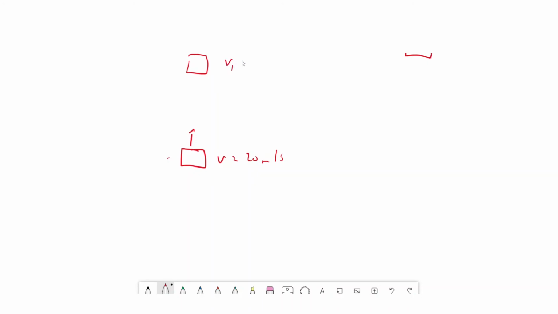The speed here, let's call it V1, is now 5 meters per second. So it's slowing down. All right. So there is acceleration. So even though the object is going up like this, the acceleration, of course, in this case is going to be going down. All right. The acceleration is going to be going down, but there is acceleration. But AX is 0 because it's not moving in the X, only in the Y.